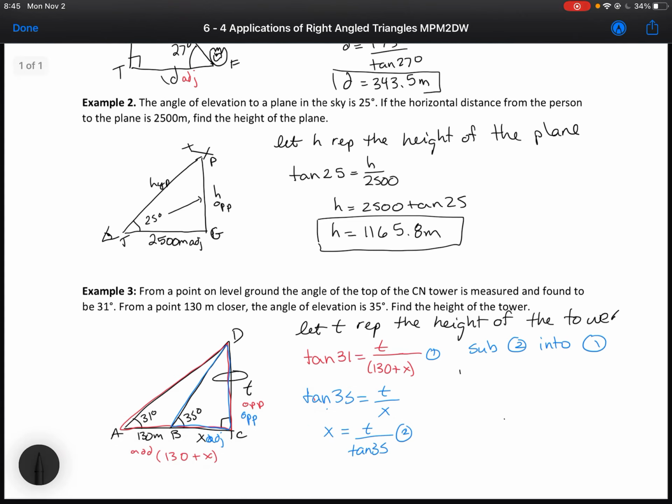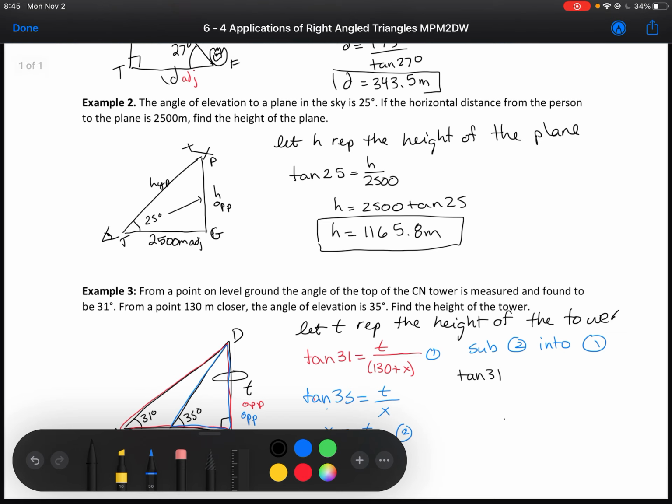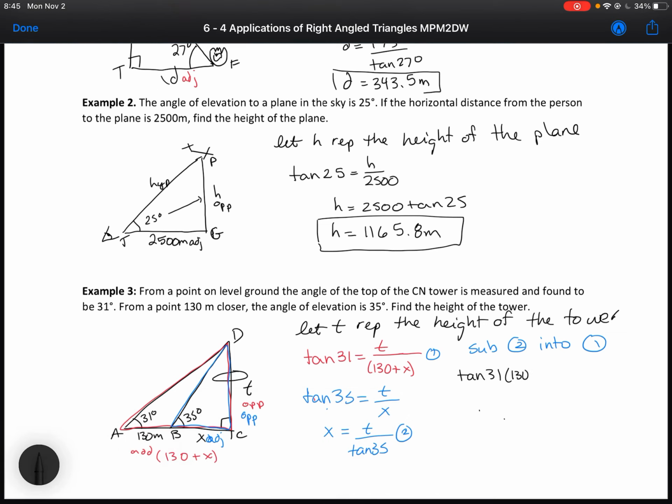I'll switch back to my black pen. I've got tan 31, and let's multiply out here so I don't have the fraction. Tan 31 times 130 plus x is going to be equal to T. Now I'm going to take this expression that I have for x and put it into my equation.